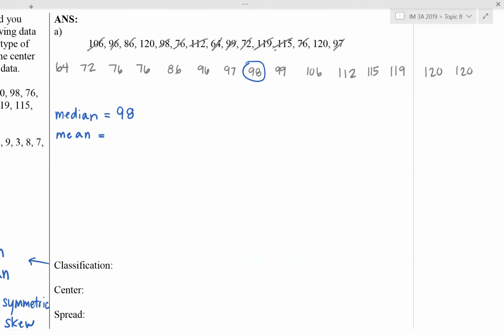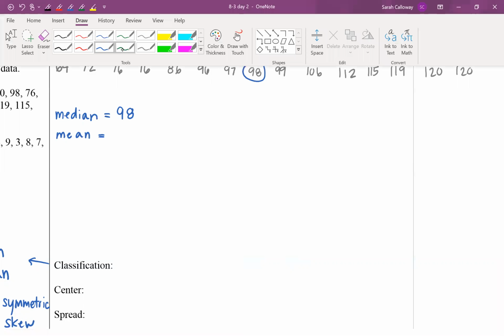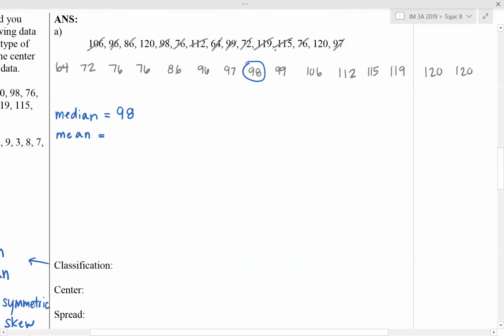Versus to find the mean, I'm gonna add up all the numbers. So I'm gonna add 64 plus 72 and so on all the way. And then I'm gonna divide that by how many numbers I have, which in this case, if I count these numbers, there are 15 of them. So if I add up all of those numbers, I get 1,456.